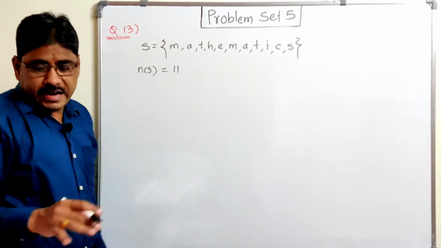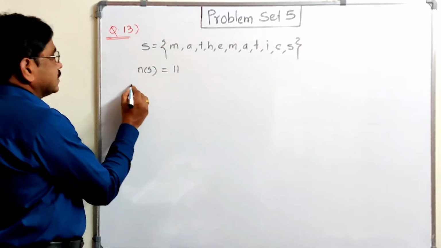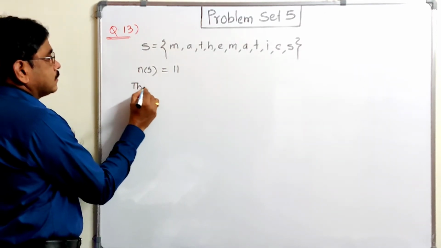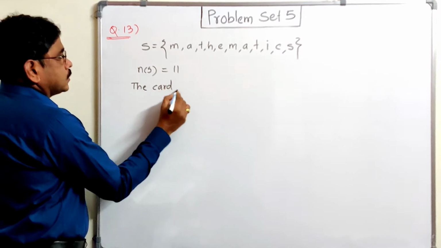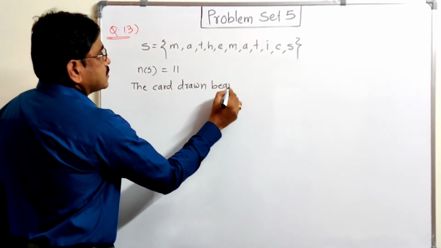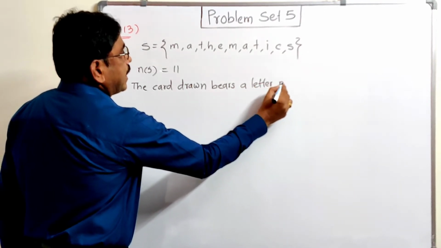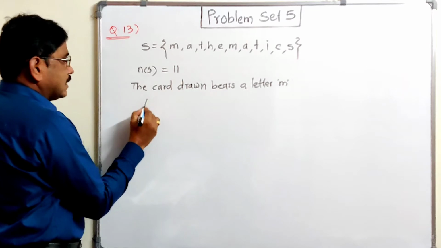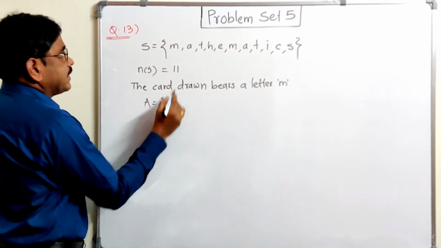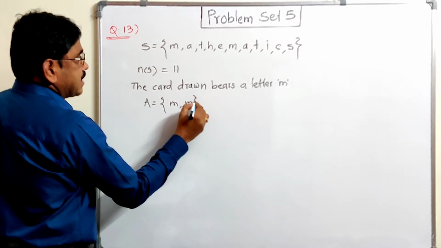Now we have to find the probability that the card drawn bears a letter M. So here let it be set A. Here M is there, again M is there, 2 times M is there.